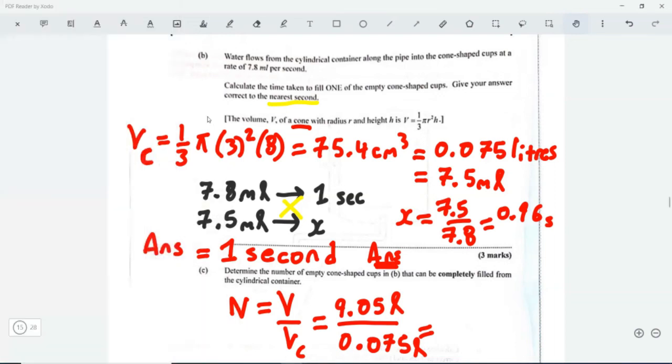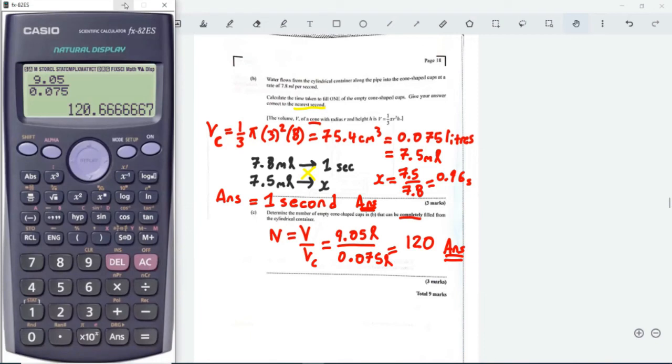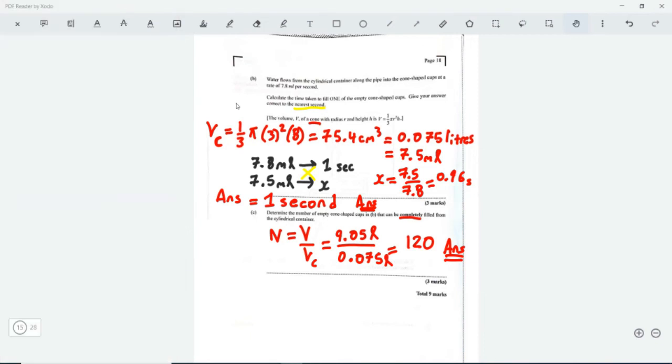120.66, but it says how many will be completely filled. Completely filled will be 120. All right, so 120 will be completely filled. That's it. So notice we leave off the 0.666 because that wouldn't be completely filled.